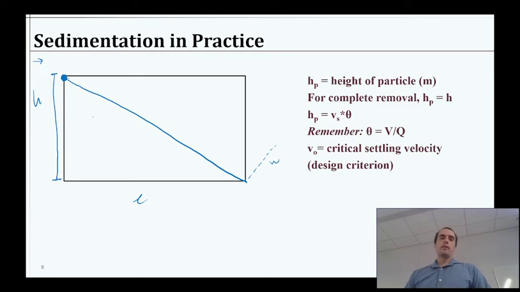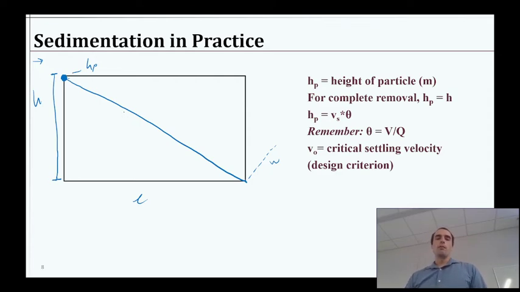So the height of a given particle, I'll just say this particle is HP. If that's our design criteria, we want the height of the reactor to be set equal to the height of the particle, so that we can convert from the actual settling velocity that we observe or calculate to the critical settling velocity that's going to be our reactor design.